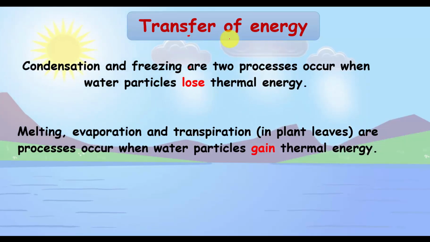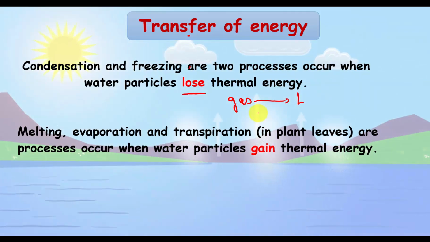Now, transfer of energy. Condensation and freezing are two processes that occur when water particles lose thermal energy. Transferring gas as water vapor into liquid as water, we call it condensation.